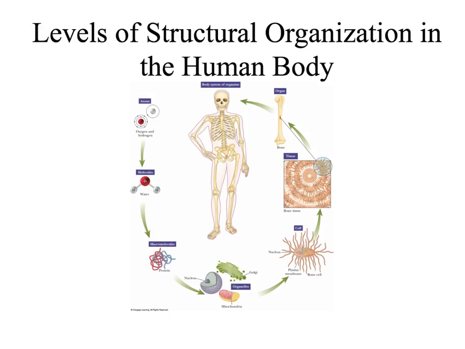So we can apply this idea of organization and levels of structure to the human body as we know it. Remember, we said that the molecules and the cells arose from simple molecules, like water, like oxygen, like hydrogen.